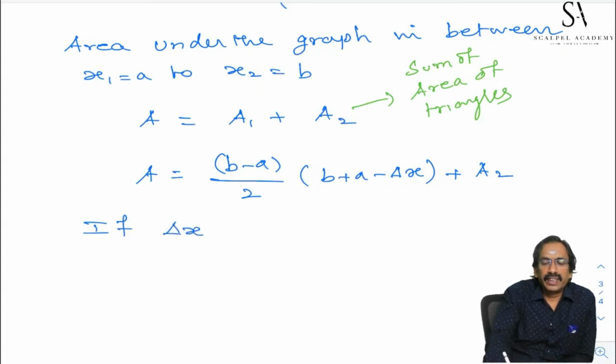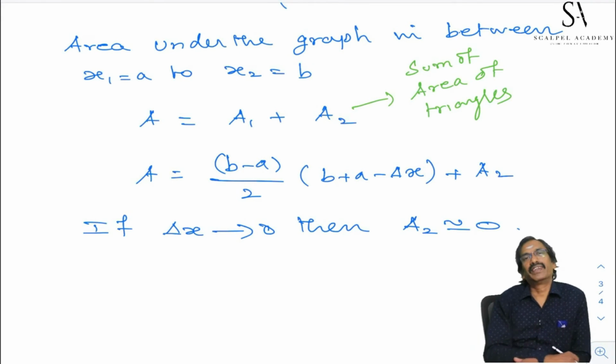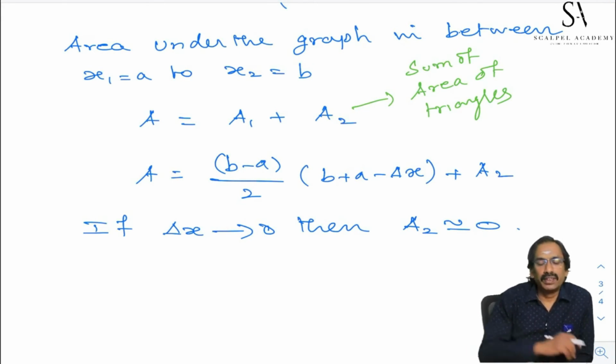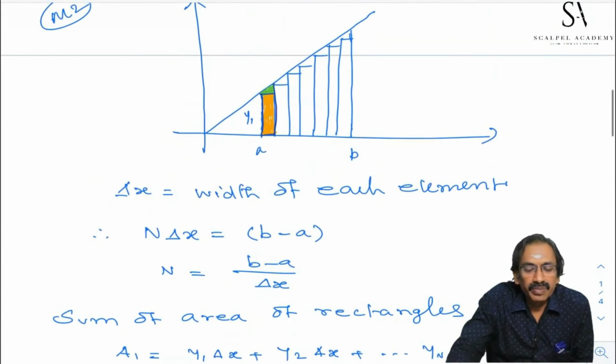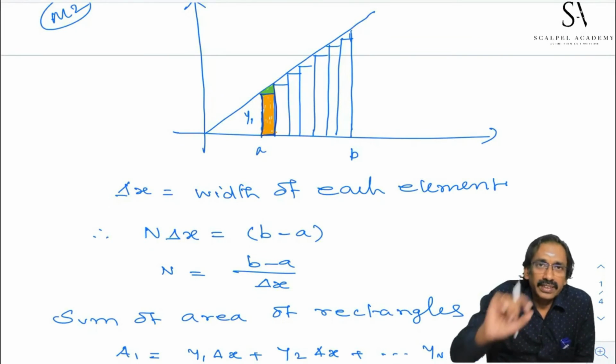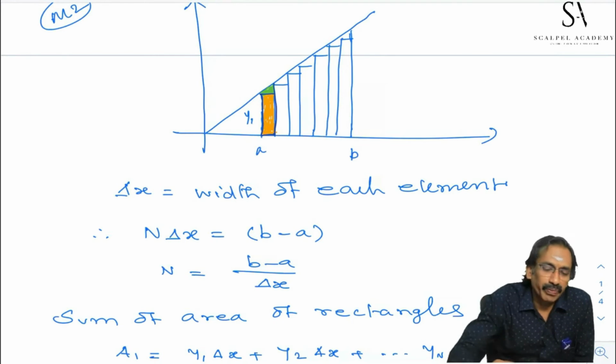A2 approaches 0. The triangle disappears from our graph. Look at that. The width decreases, which means the area of the triangle approaches 0. Then the sum of the areas of the triangles approaches 0.